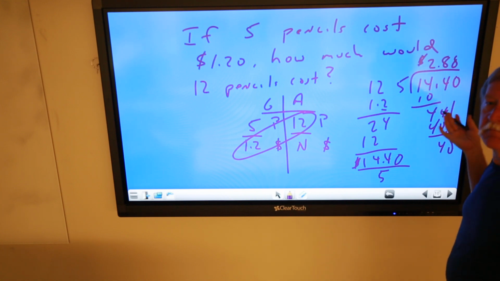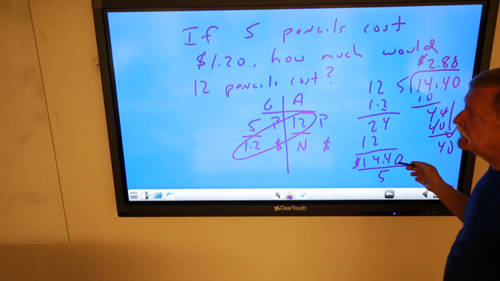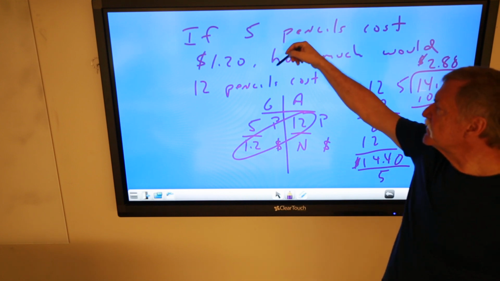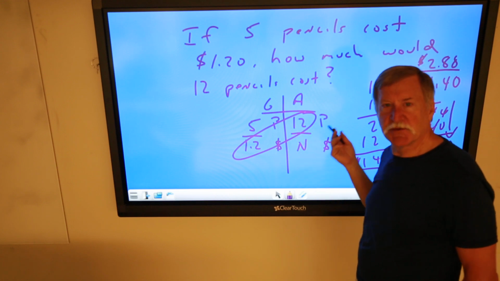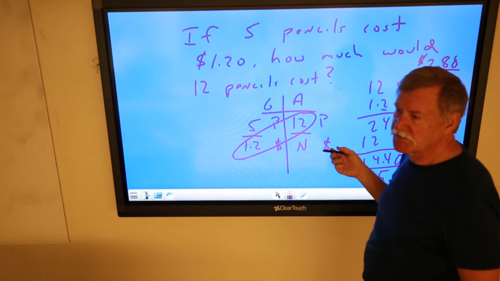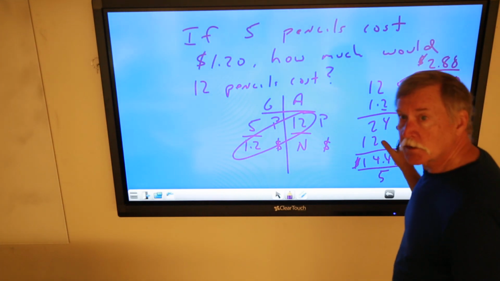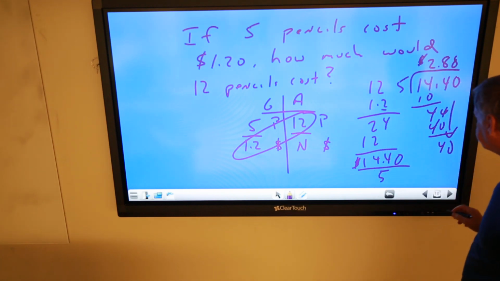And $2.88 is reasonable. If I had kept it at $14.40, that would not make any sense, because I would have doubled the amount of pencils, but like 10 times the amount of money. That's great if you're the store owner, but not if you're buying pencils. So always reflect on your work, check back, make sure it makes sense, make sure it's reasonable.